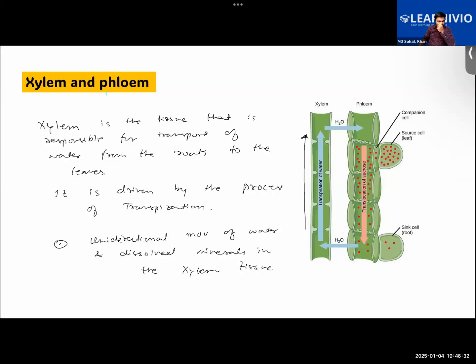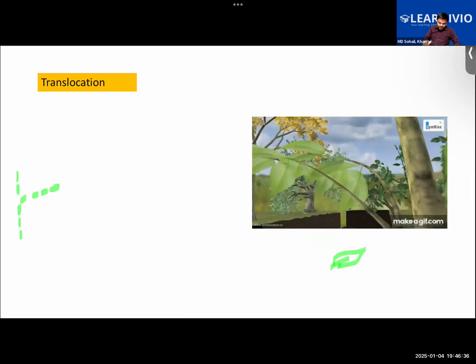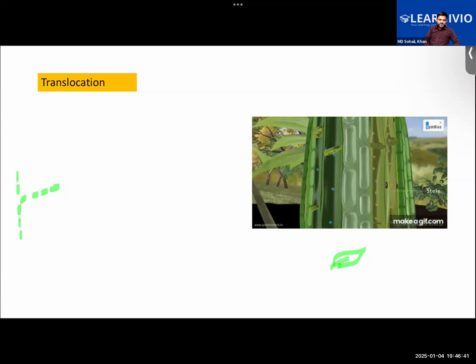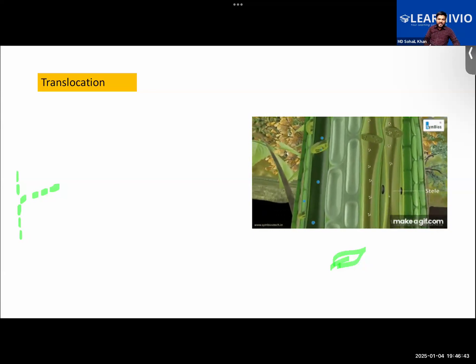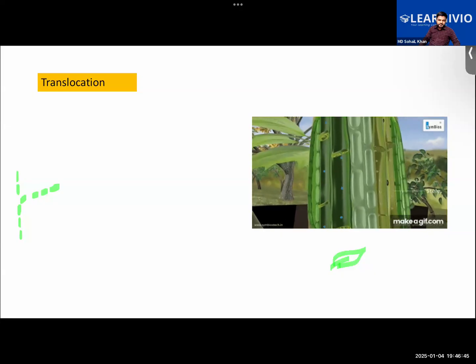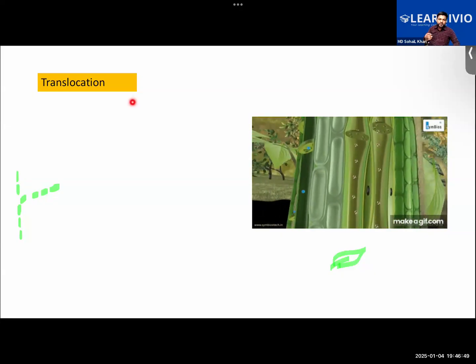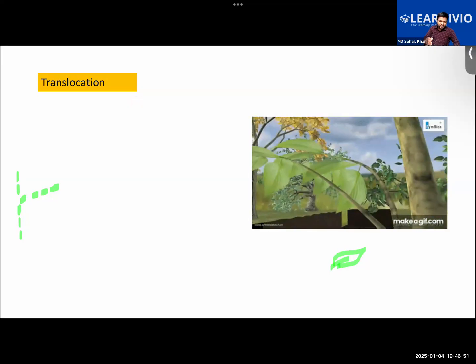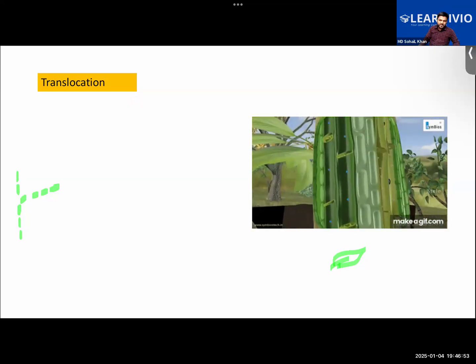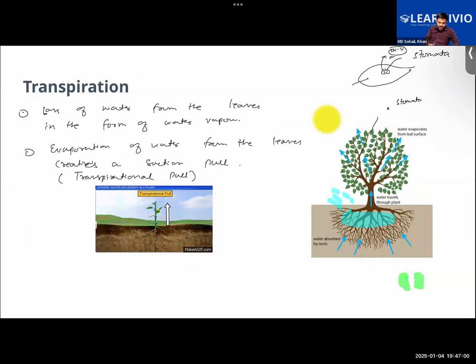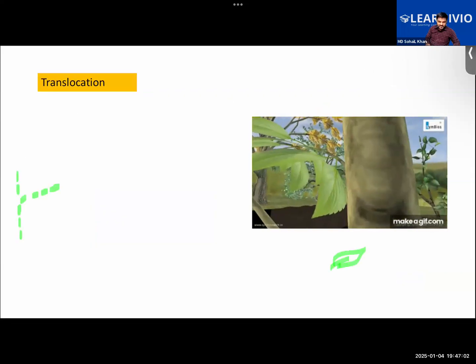Phloem and translocation are interlinked. Phloem is the tissue in which plants carry out the process of translocation, and translocation is basically the process of moving materials like food from the leaves to other parts of the plant. Just like we learned about transpiration, which is the loss of water, similarly we have translocation.